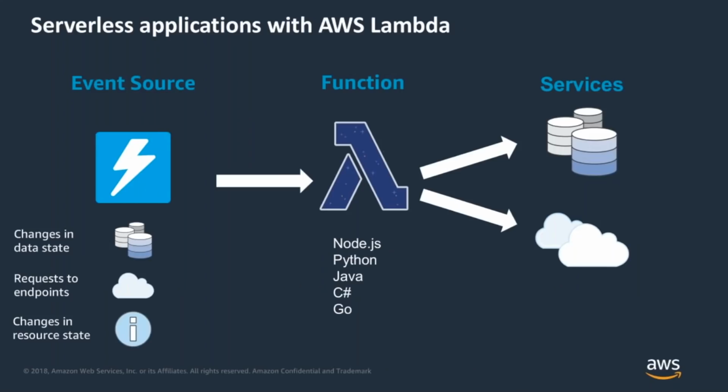And really, this is the exact same kind of architecture that AWS Lambda uses. So Lambda is essentially a service that allows you to run code in response to events and connect to a broad variety of different backend services. So you can write code in a number of different languages and then hook that code up to a number of different event sources.